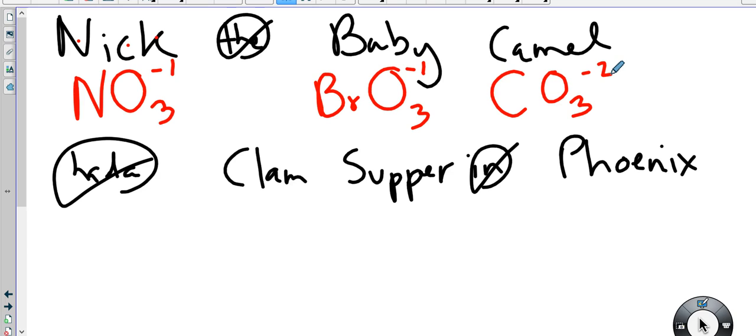They actually make phone cases, I think, but that doesn't apply. So this right here is going to be your chlorate, ClO3. 3 consonants, 1 vowel. Chlorite is ClO2. Perchlorate is going to be ClO4 1 minus. Rocket science.